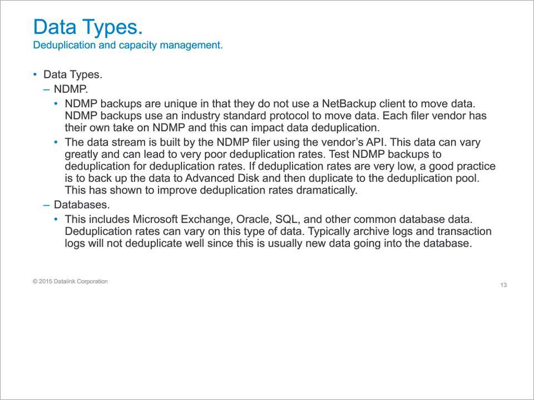The next data type that can lead to lower deduplication rates is databases: Exchange, Oracle, SQL, and other types of database engines that are supported by NetBackup. Deduplication rates can vary on this data.